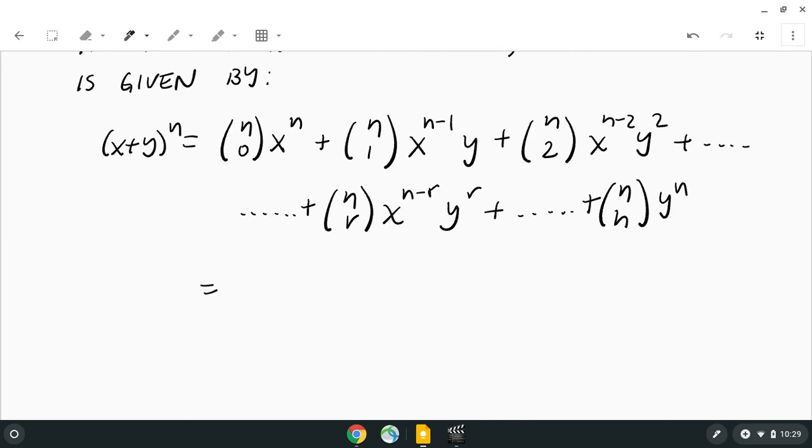And this is the same thing as saying the summation, starting from r equals 0 to n, of n choose r, x to the n minus r, y to the r. So this might be an easier way of remembering the formula. You just do one at a time. Plug in 0, get the first term. Plug in 1, get the second term. Plug in 2.